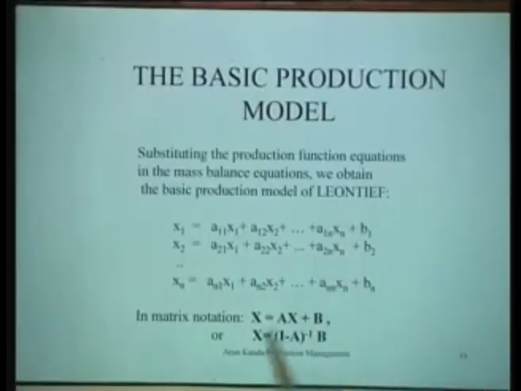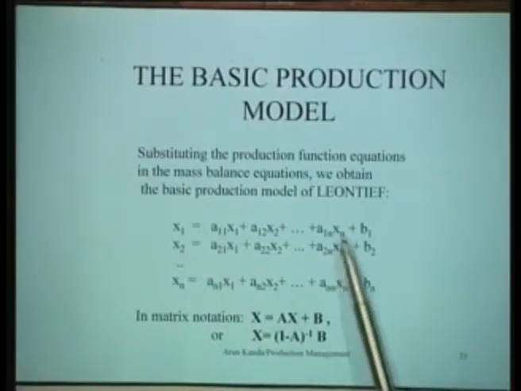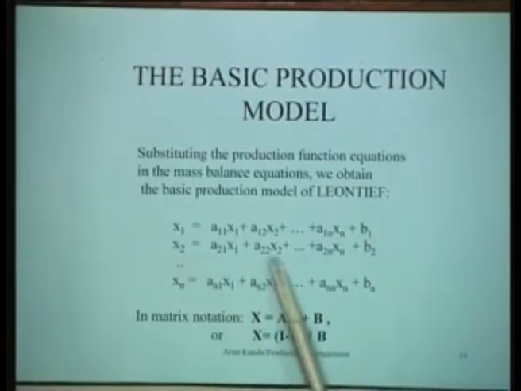So the basic production model in this situation comes out like this: x1 would be equal to this particular thing plus b1, by mass balance equations. x2 would be a similar equation, xn would be a similar equation. If you put it in matrix notation, you get x equals Ax plus b, and then you can directly solve for x, and you get x equals (I minus A) inverse b.